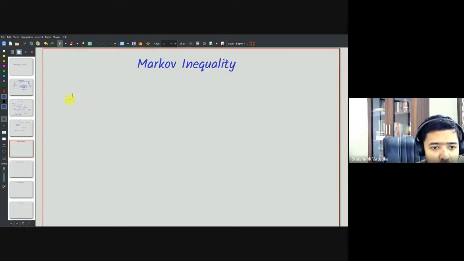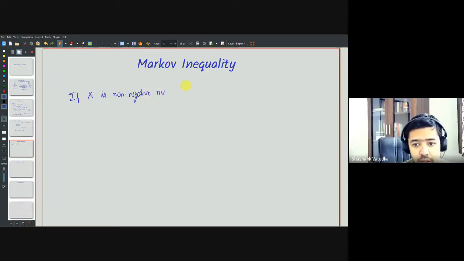If X is a positive random variable, or a non-negative random variable, then in this case the probability that X is less than 0 is equal to 0. So X takes values greater than or equal to 0 with probability 1.